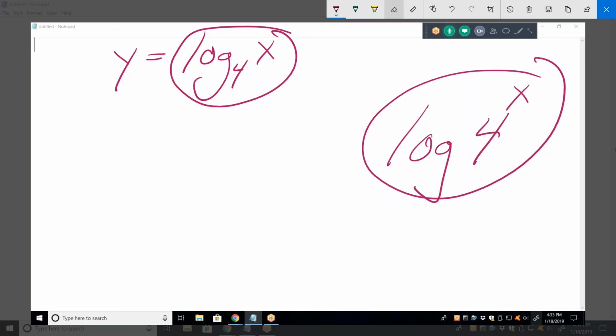Okay. In other words, when you write the log without a base, it assumes that the base is 10. So the one on the right is actually log base 10 of 4 to the x power. The one on the left is log base 4 of x.